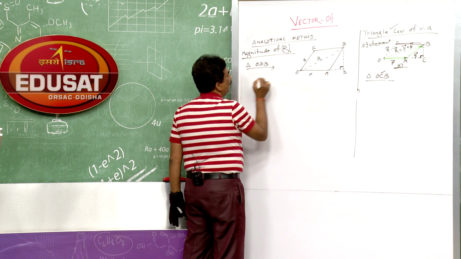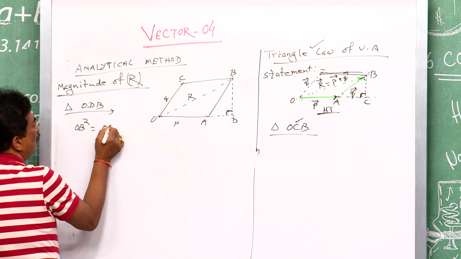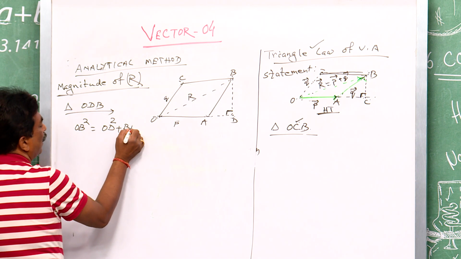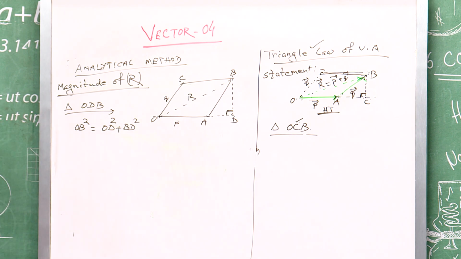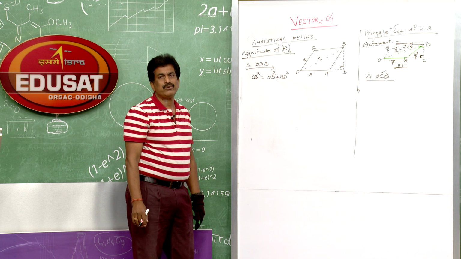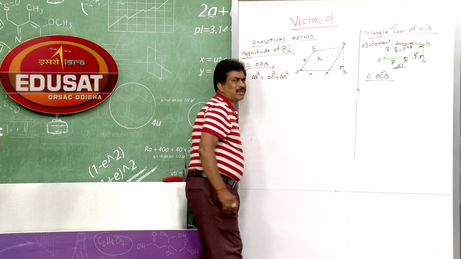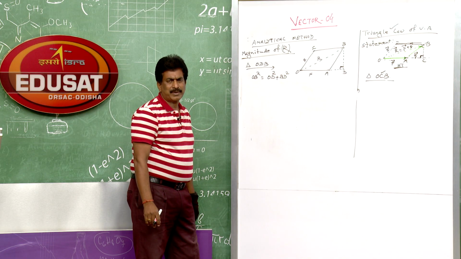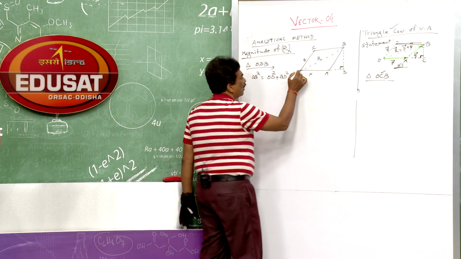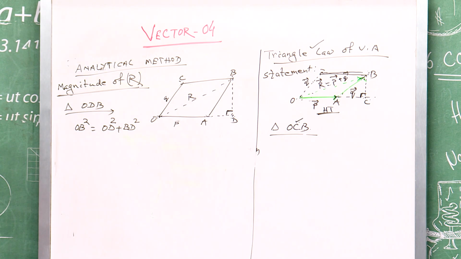In ODB, OB square is equal to OD square plus BD square, because OB is the hypotenuse of that right angle triangle, and in Odia that is called the Karna. So the Karna varga is equal to the sum of the squares of the Adhar varga and the Uchchata varga.